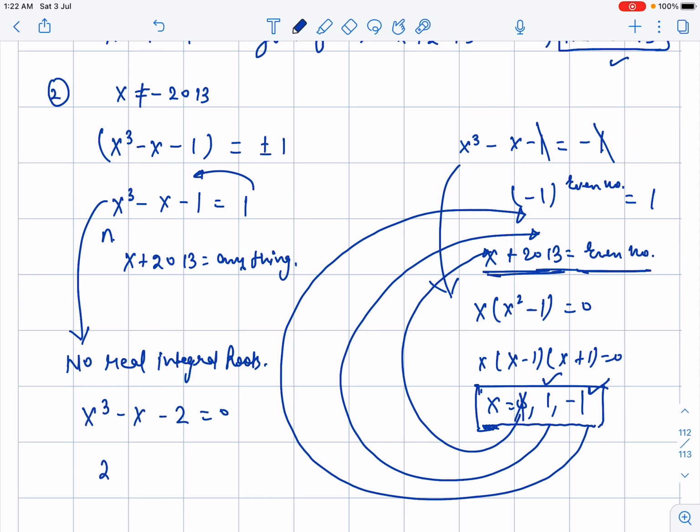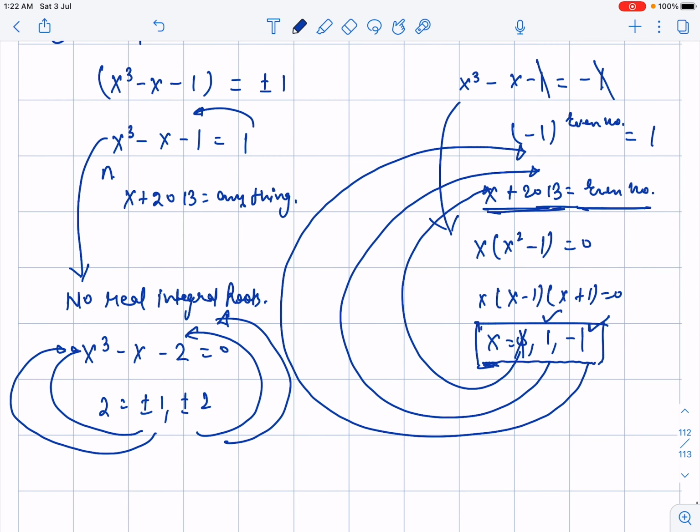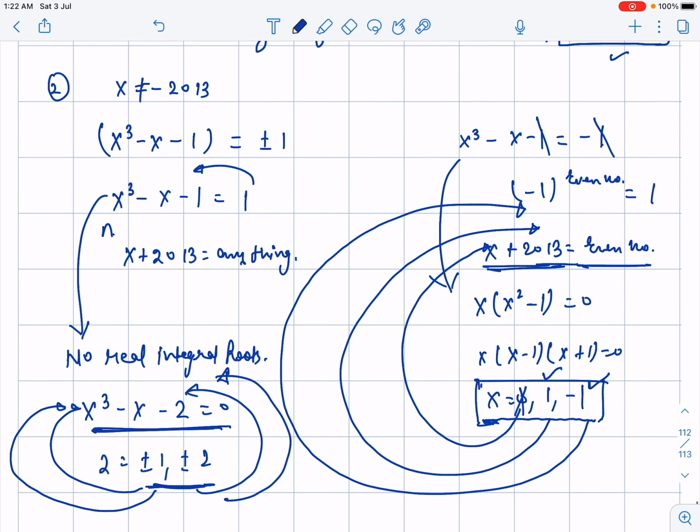Then factors of 2 we are knowing, plus or minus 1 and plus or minus 2. Then we'll satisfy plus 1 over here, then minus 1 over here, then plus 2 over here and minus 2 over here. For none of the values it will become 0. That's why these are not the roots. If they are not the roots, it doesn't have any integral root. If it doesn't have any integral root, this portion would not be yielding any integral solution.